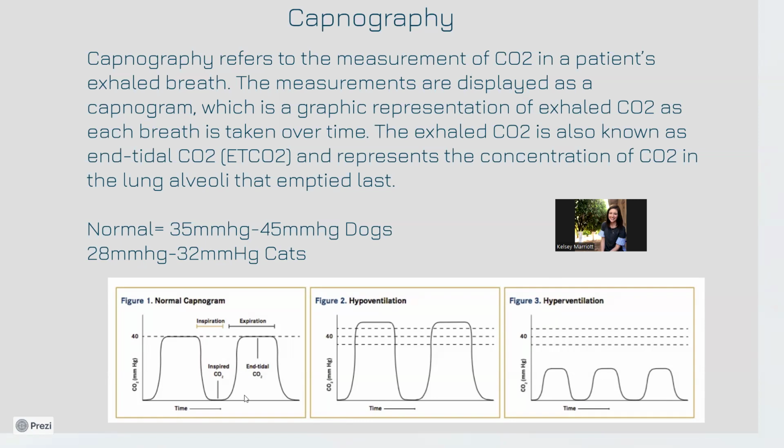A normal EtCO2, you want to see anywhere between 35 and 45 millimeters of mercury in dogs and about 28 to 32 in cats. Here on our left-hand side, we see our normal capnograph: nice, even, inspired, expired breaths. We hit that baseline of 40 relatively easily, and that's when we know our patient is doing very well in our anesthetic intervals.